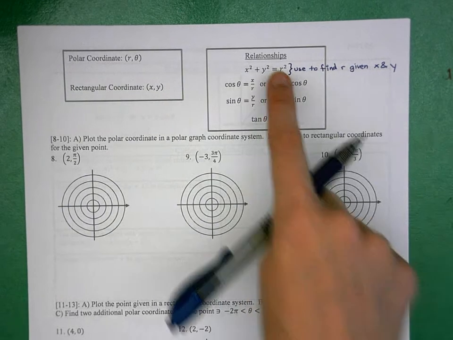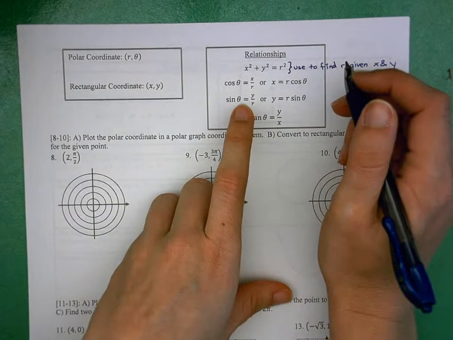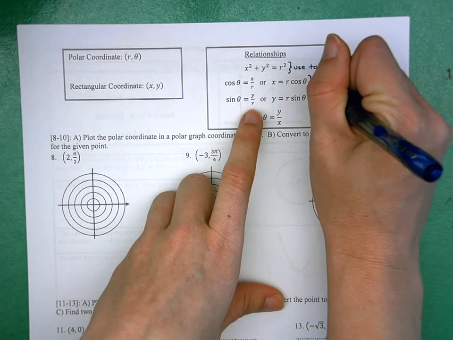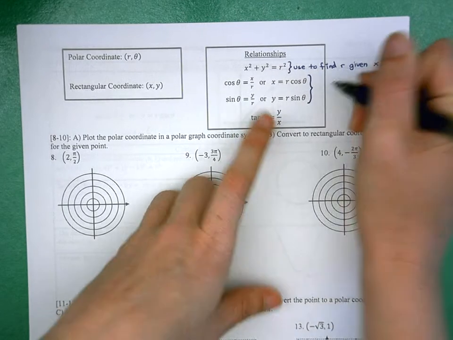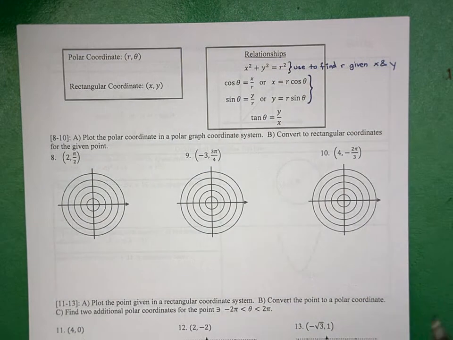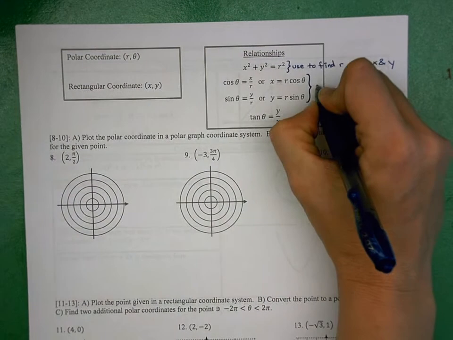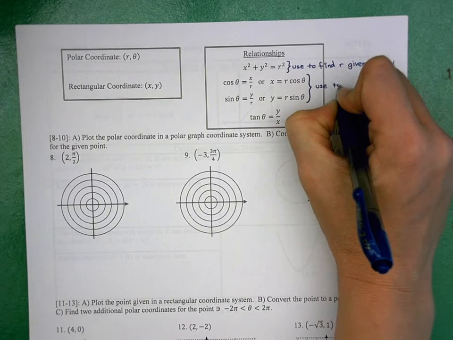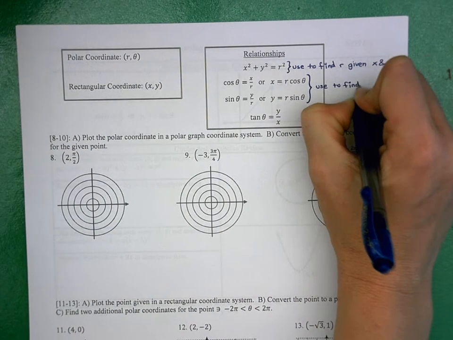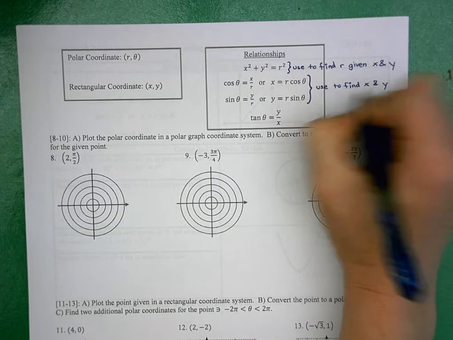So we can take our x, y from our rectangular and turn it into r. Our cosine and sine ones, I would say, are used primarily to find x and y given r and theta.